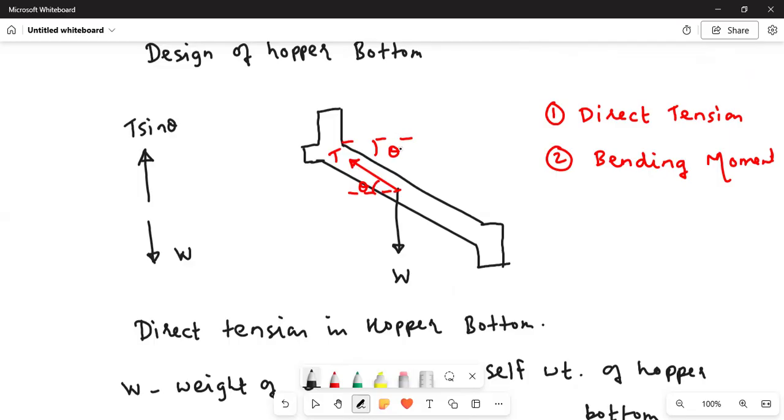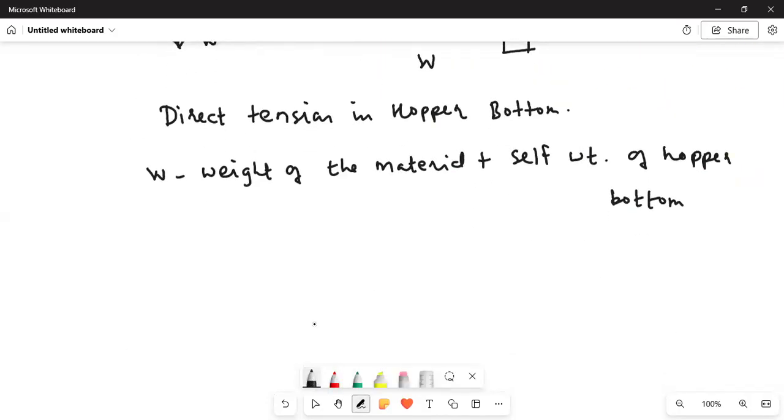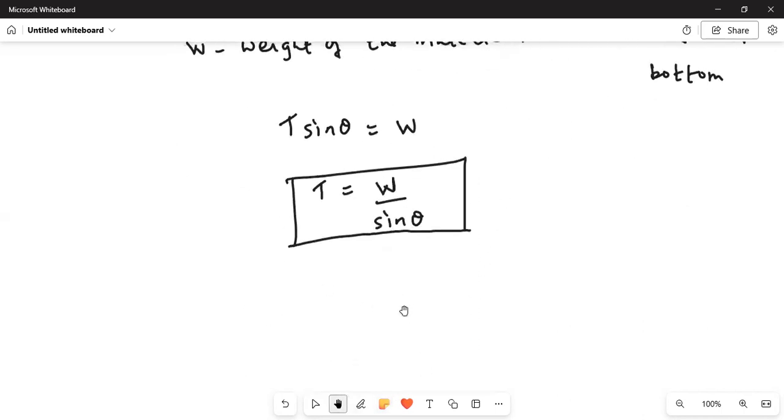The vertical resolution of T is T sine theta, and that T sine theta will be equal to W. W is the weight of the material plus self weight of the hopper bottom. T equal to tension in the hopper bottom equal to W divided by sine theta. You can remember this formula or you can derive this formula, whatever. You need to find the tension in the hopper bottom, and this is the formula.